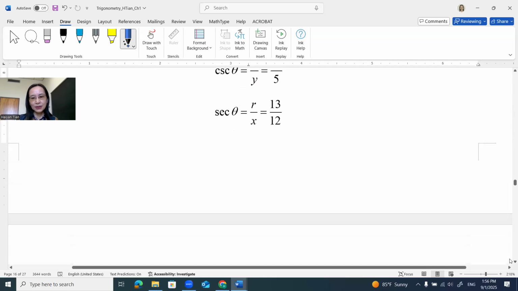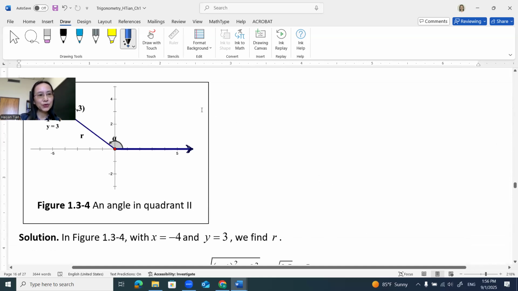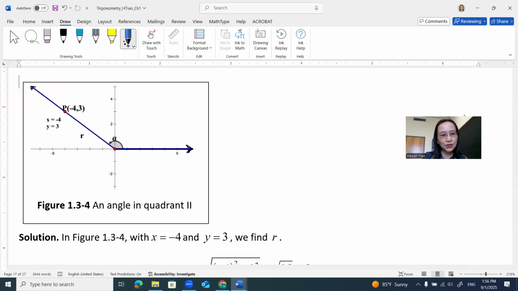Now, I will show another angle that is in the second quadrant. Let's call this angle alpha. You see this angle is bigger than 90 degrees, right?